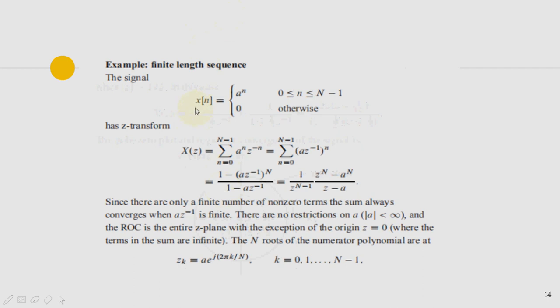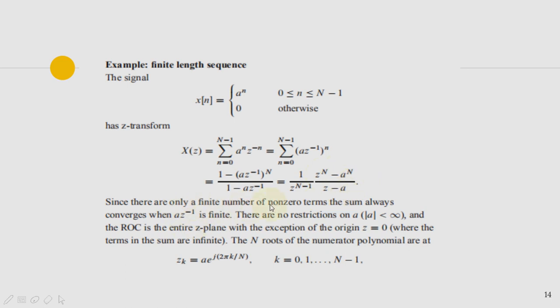Finite length sequence. Suppose we take the example x of n equal to a raised to n for 0 to n minus 1, and it is 0 otherwise. So take the Z transform, that is, summation n equal to 0 to n minus 1 of a into z raised to minus 1 raised to n. By simplifying this equation, it is 1 divided by z raised to minus n by n minus 1 into z raised to n minus a raised to n divided by z minus a.